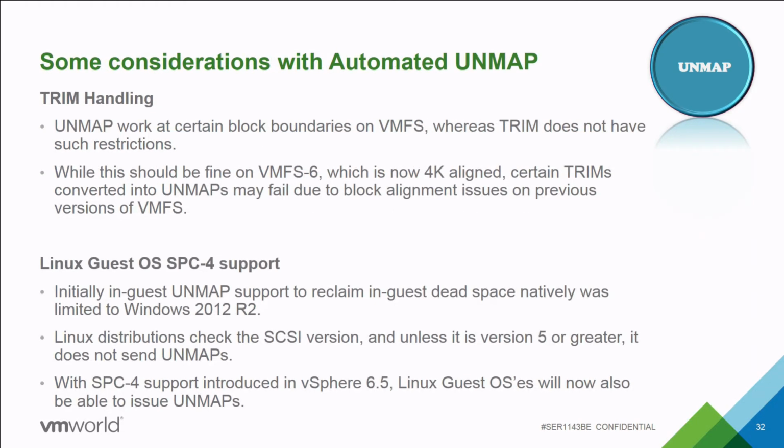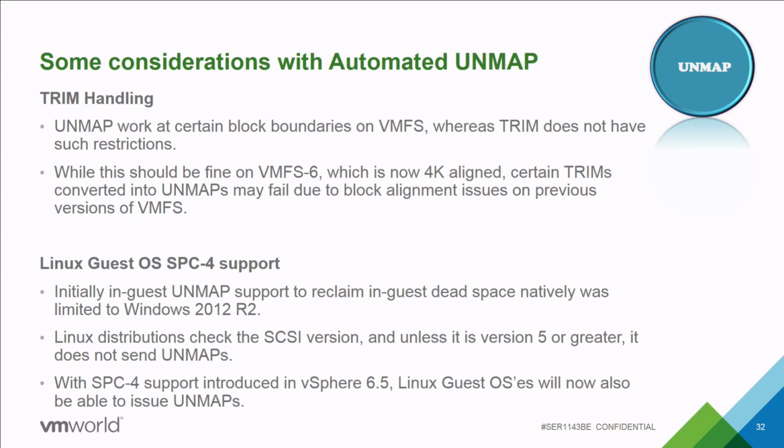Initially, in 6.0, this feature was introduced. It was only supported with Windows 2012 R2 and later. This was due to the fact that ESX at the time only supported SCSI 2. Linux, for instance, requires SCSI 5 support for unmap, which the virtual SCSI stack of ESX did not support. So the use case was somewhat limited to Windows.